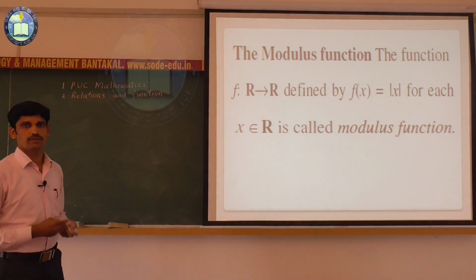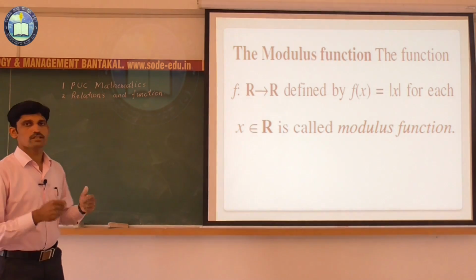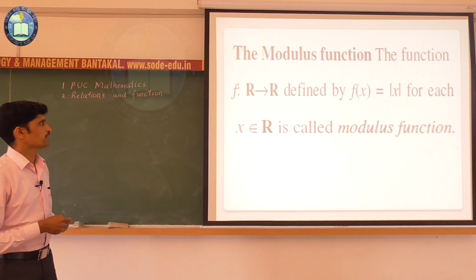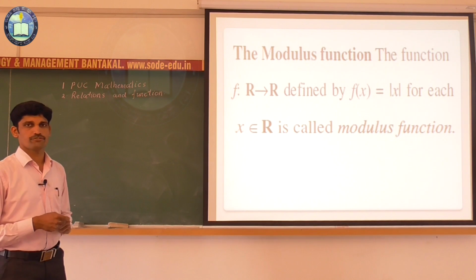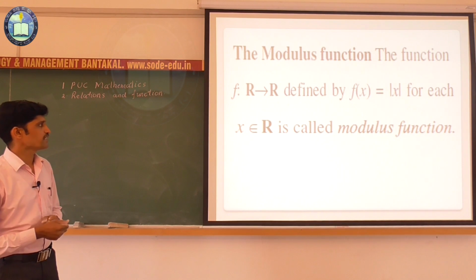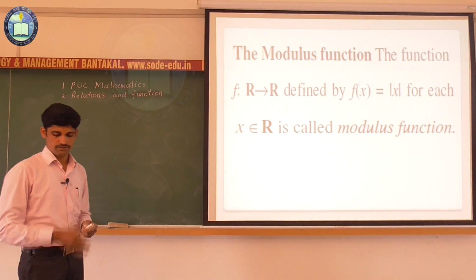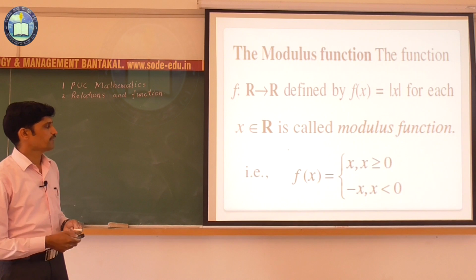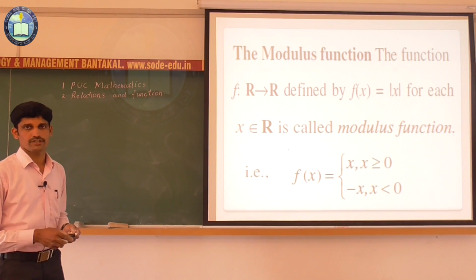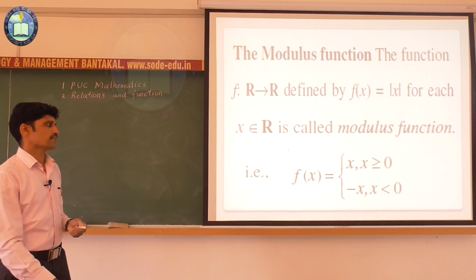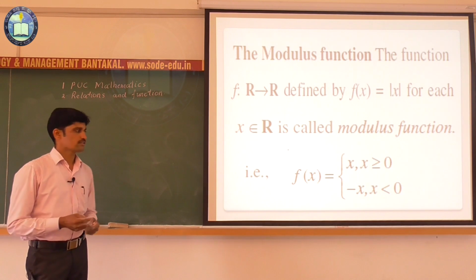Next function we are going to study is the modulus function. The function f from R to R defined by f of x equal to mod x for each x belonging to the set of real numbers is called the modulus function, or we define it as f of x equal to x if x is greater than or equal to 0, and minus x if x is less than 0.